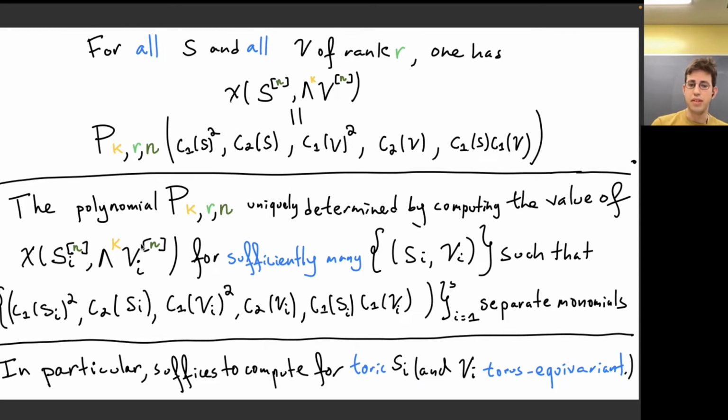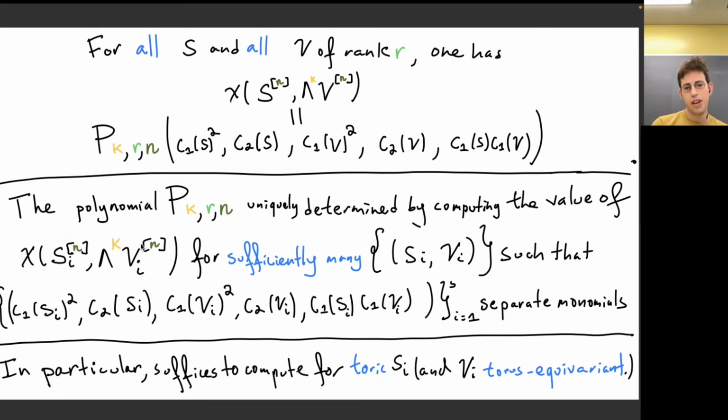And so there's lots of ways to generate enough surfaces and vector bundles. One of many ways to do this is to pick my surfaces to be toric. It suffices to take the surface to be, say, P2 or P1, and to consider torus equivariant vector bundles on the surface.